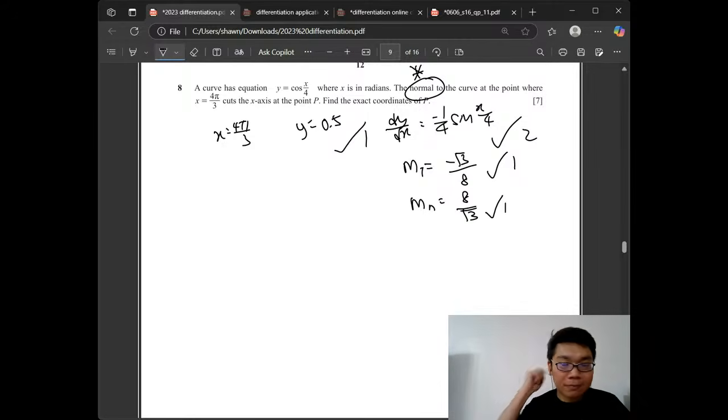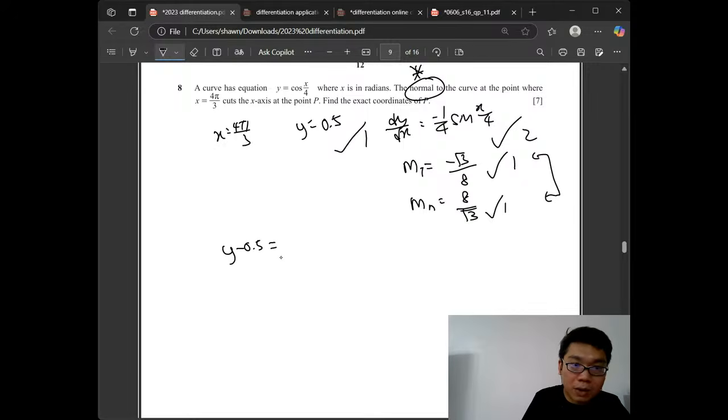It's not always that they give you 2 marks in this way, but this question they did give you both, so make sure you show. And then you can write your equation. So the equation should be: y minus y1 equals to gradient times x minus x1.